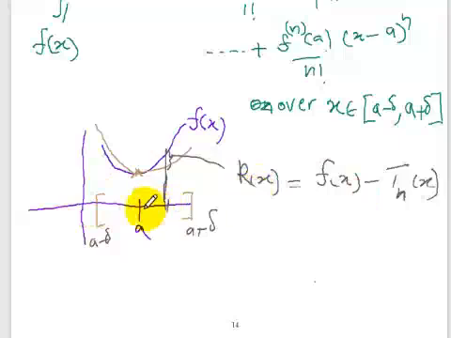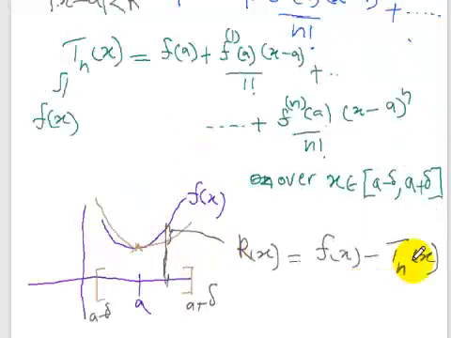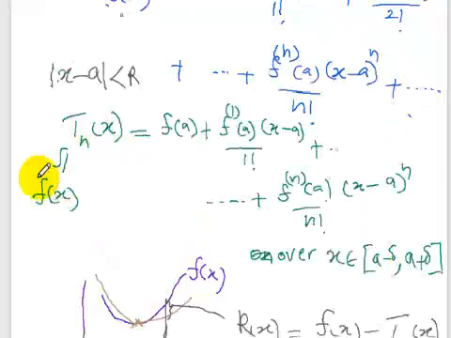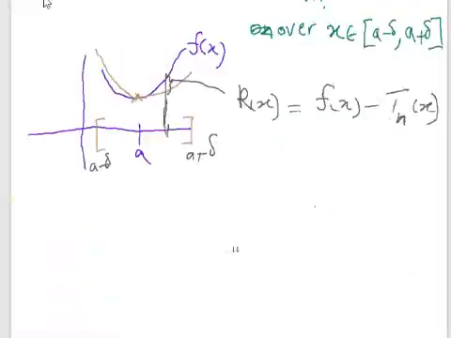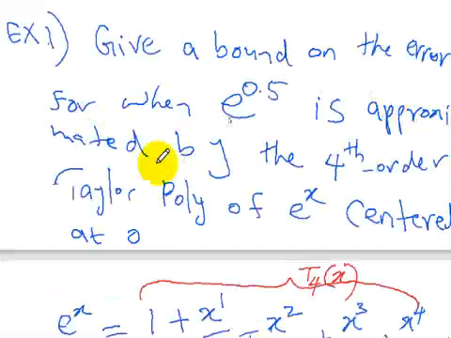Definitely you know this is the approximation to f of x. For instance, we are going to find a bound on the error when e to the 0.5 is approximated by the fourth order Taylor polynomial of e to the x centered at 0.